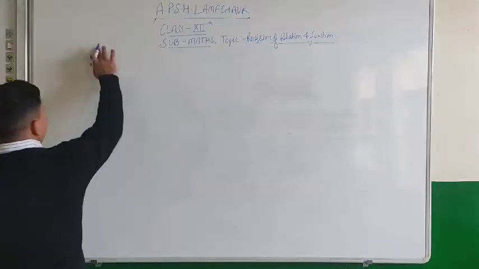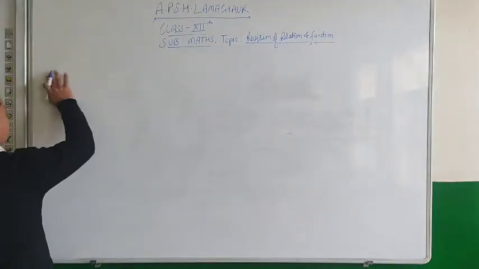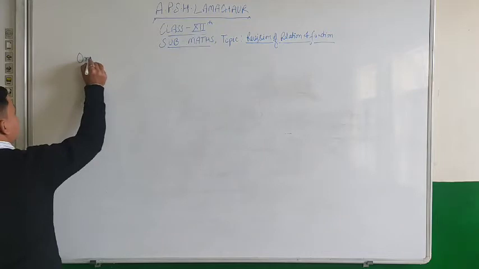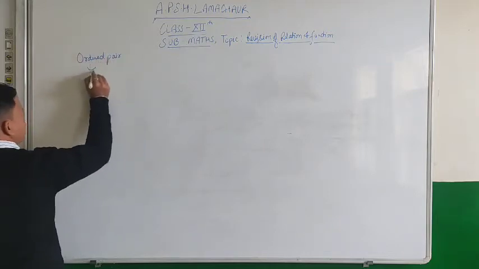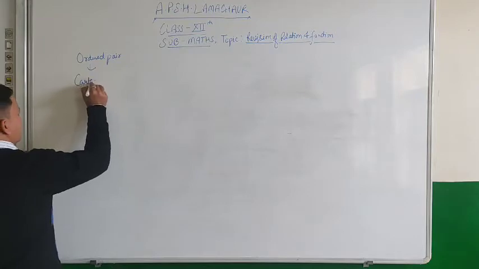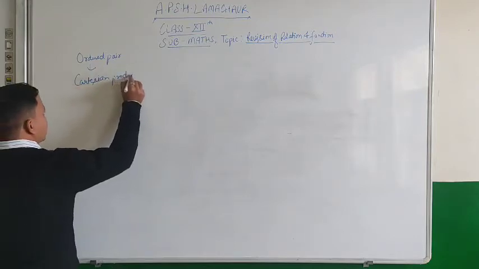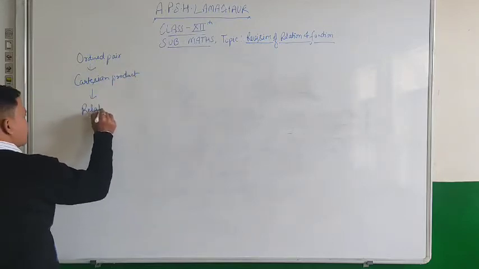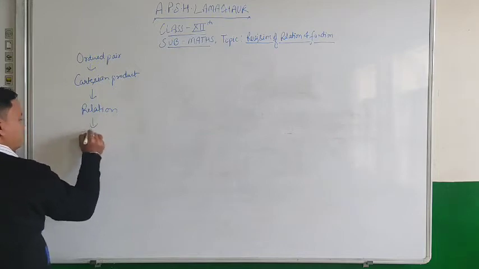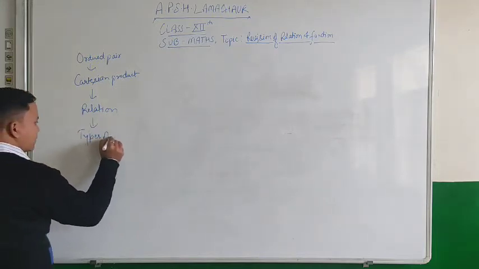Before I start the relation, we first need to know the ordered pair. Then we will discuss the Cartesian product, and then the definition of relation, and then we will proceed to types of relation.